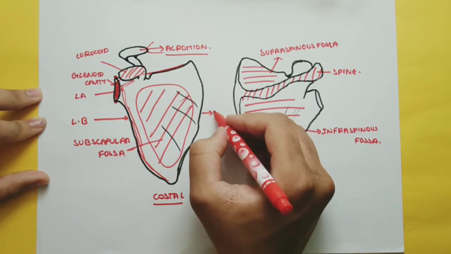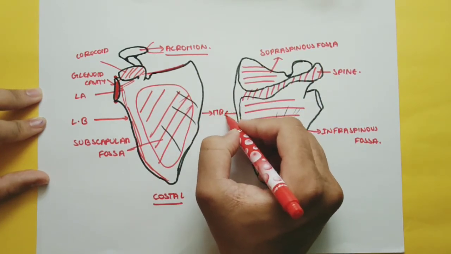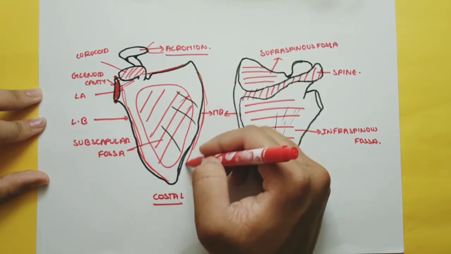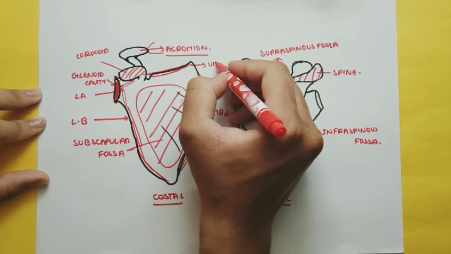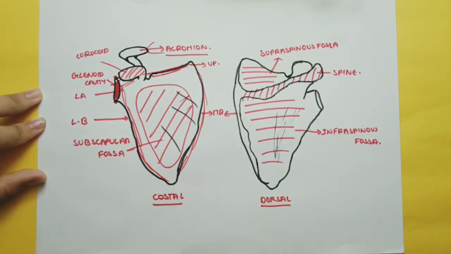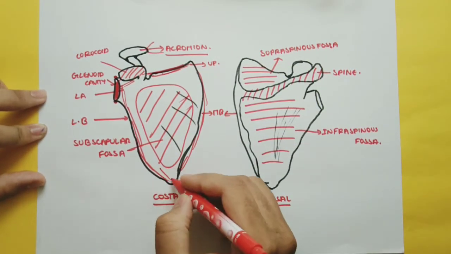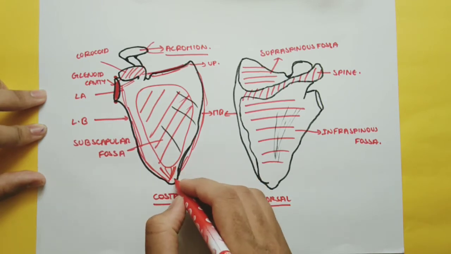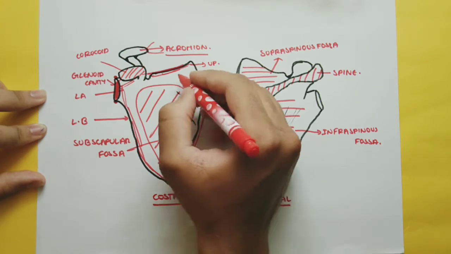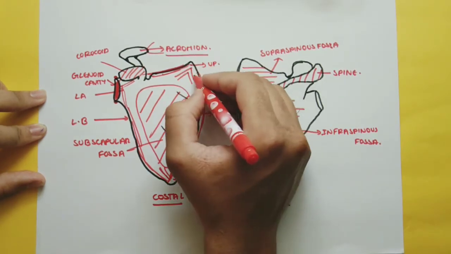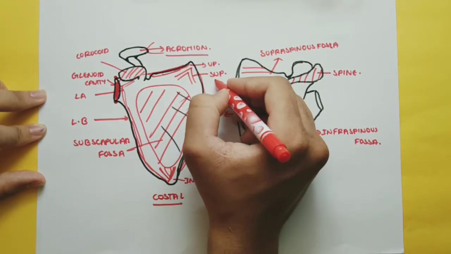This is the medial border. And this is the upper border. This angle of scapula is called the inferior angle. This angle of scapula is called the superior angle.